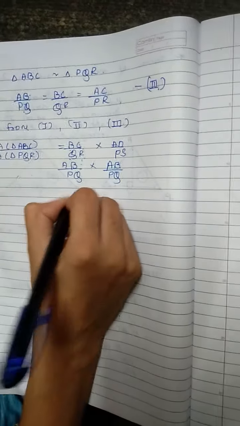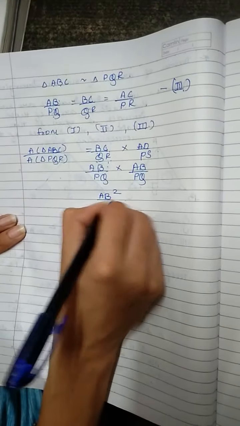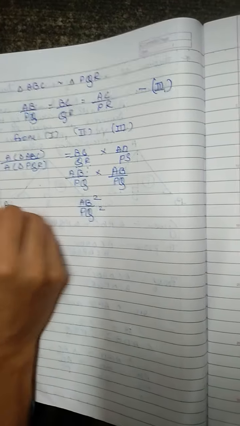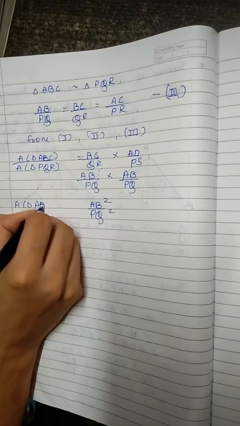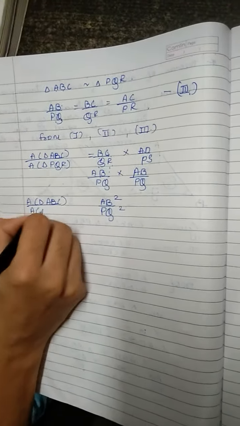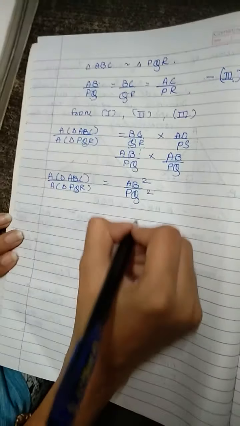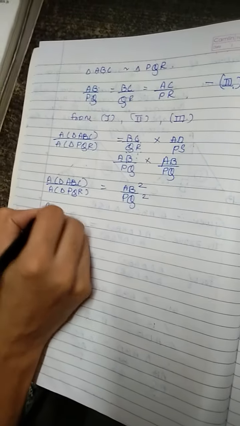Now AB into AB is AB square, PQ into PQ is PQ square. That is area of triangle ABC upon area of triangle PQR is equal to AB square upon PQ square.